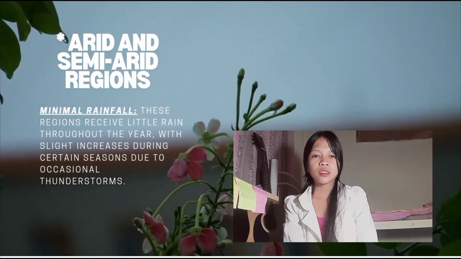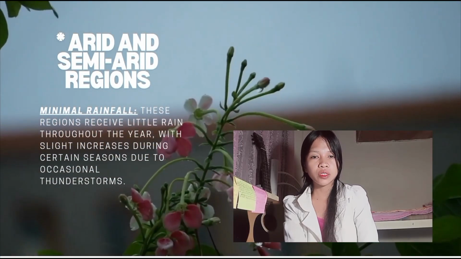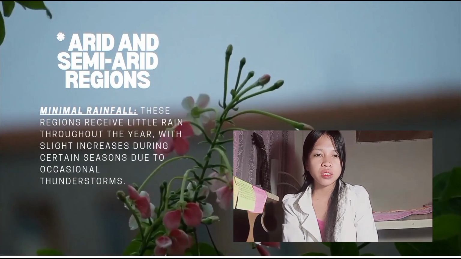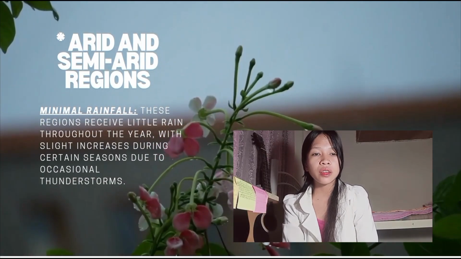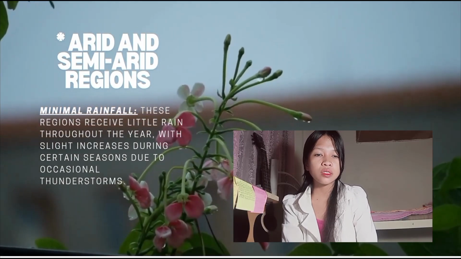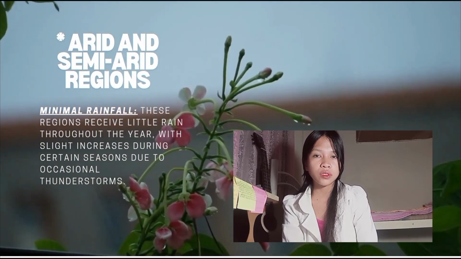Moving on, we have arid and semi-arid regions. So minimal rainfall. These regions receive little rain throughout the year, with slight increases during certain seasons due to occasional thunderstorms.